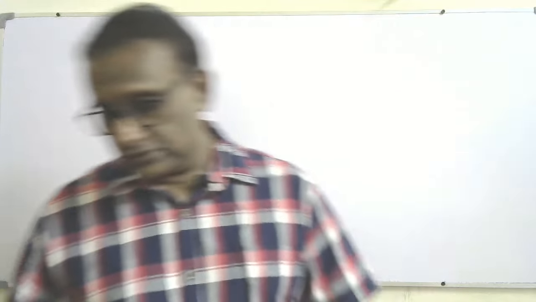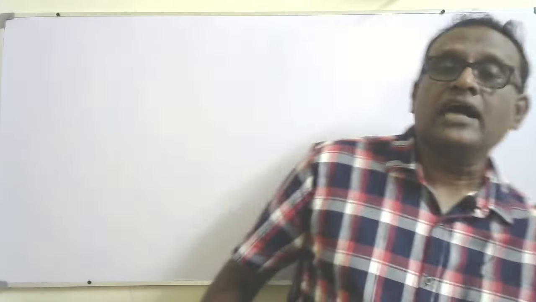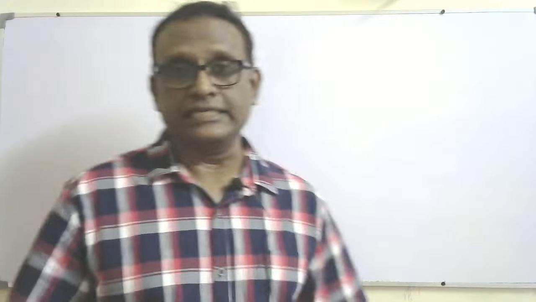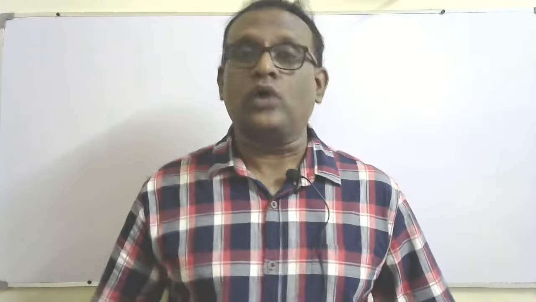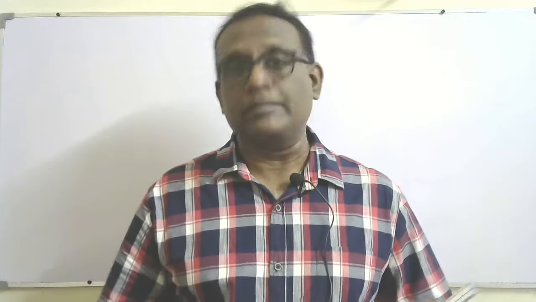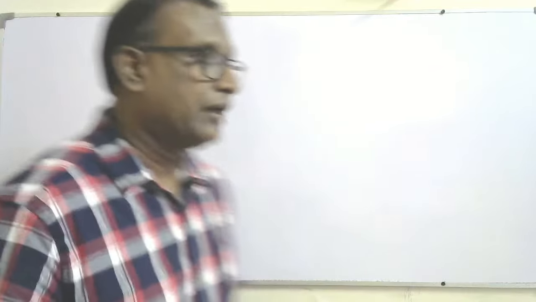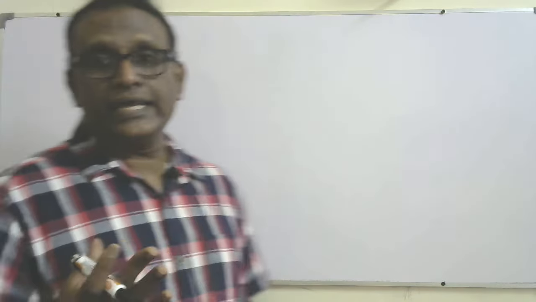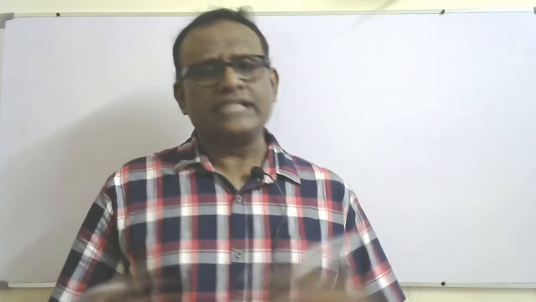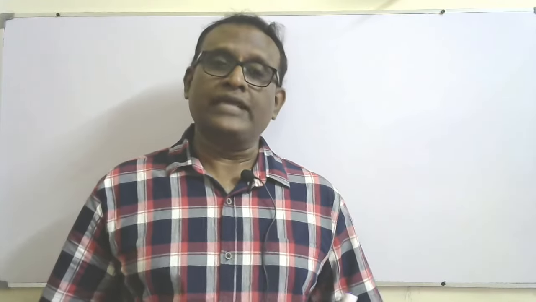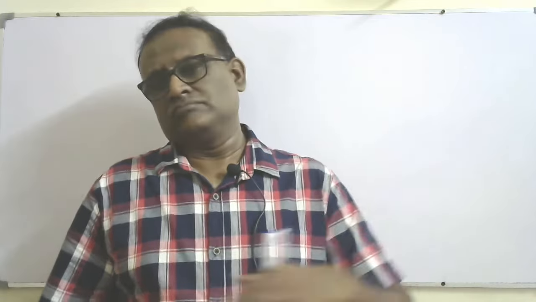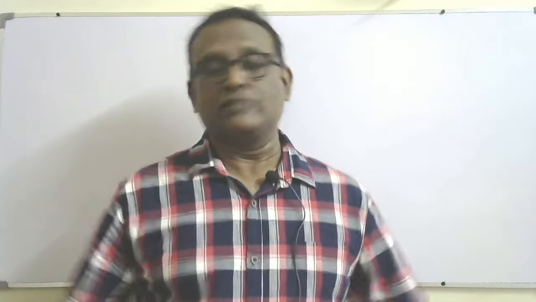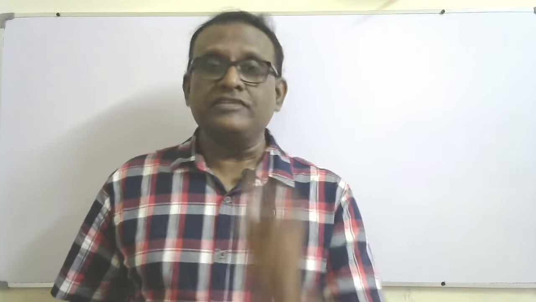Next I'm going to explain how to find the uncertainty and percentage uncertainty when measured quantities are added or subtracted with each other. Say, for example, let x and y be the measured quantities. x and y can be the initial temperature and final temperature, or x and y could be sides like a length or whatever it is. x and y are the measured quantities, and z is the physical quantity calculated by using x and y.